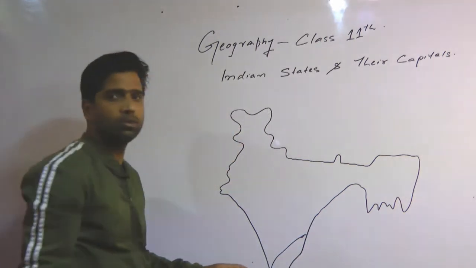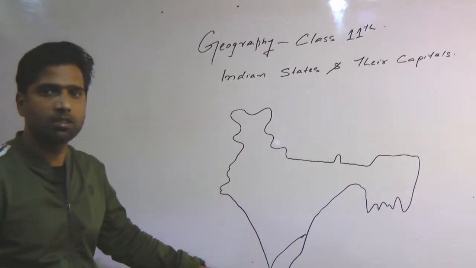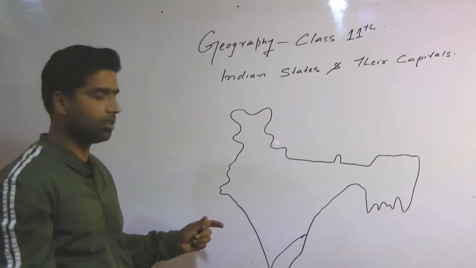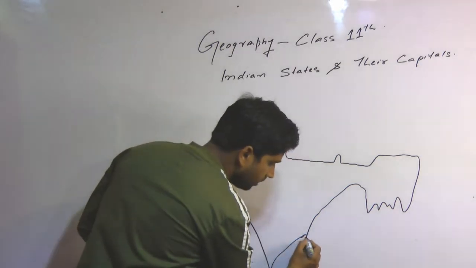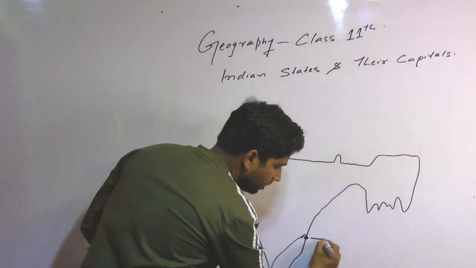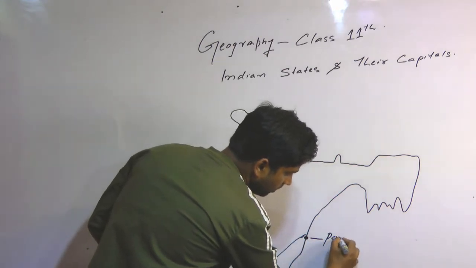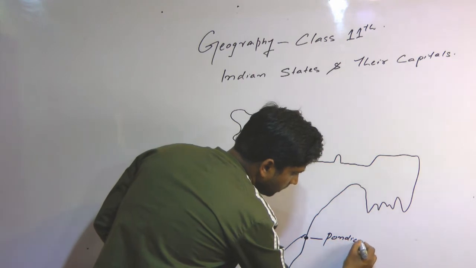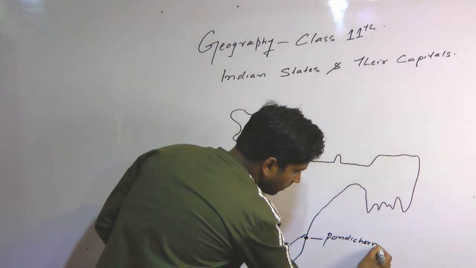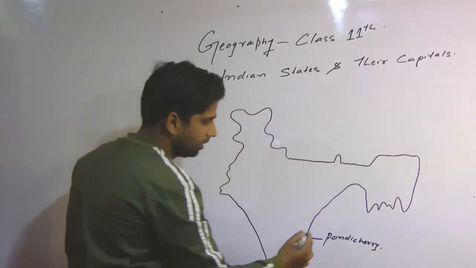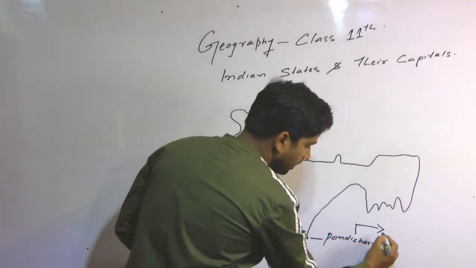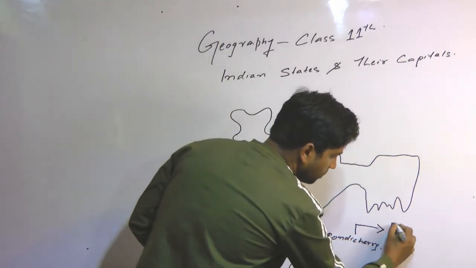This is Tamil Nadu, as I have discussed this state already in the last video, and here mark there is a UT called Pondicherry. It is one of the UTs of India and its capital is Puducherry.